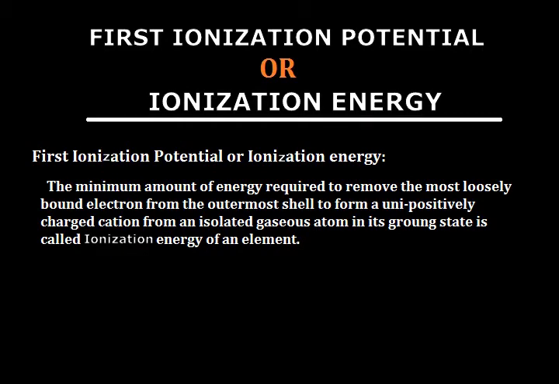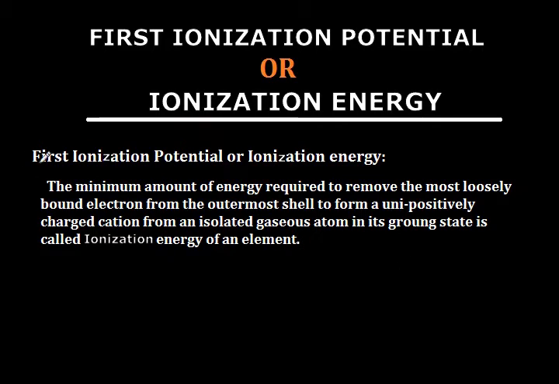Actually, ionization energy is the minimum amount of energy which is required to remove the most loosely bound electron from the outermost shell, that is, the outermost electron, to form a unipositively charged cation from an isolated gaseous atom in its ground state. This is called the ionization energy of an element.